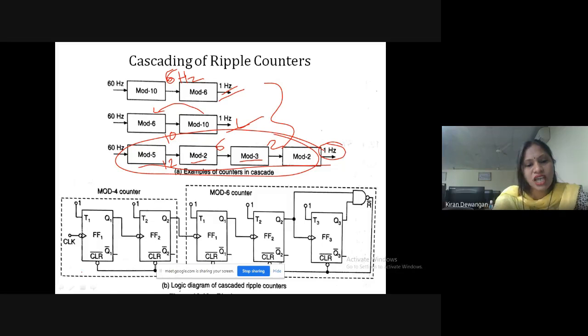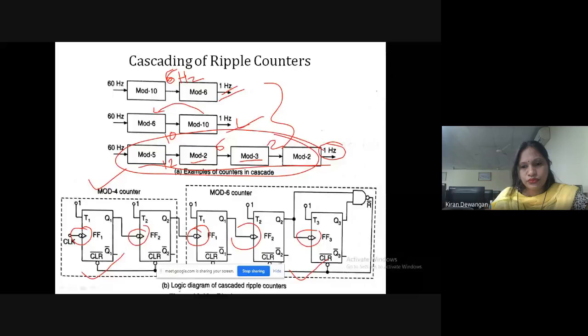Okay, so this is how it is designed. This is a mod 4 counter and this is a mod 6 counter, asynchronous, which is negative edge triggered. Here also you can see it's negative edge triggered, and this one is also negative edge triggered. So this will completely work as a mod 4 counter. This is a mod 6 counter.